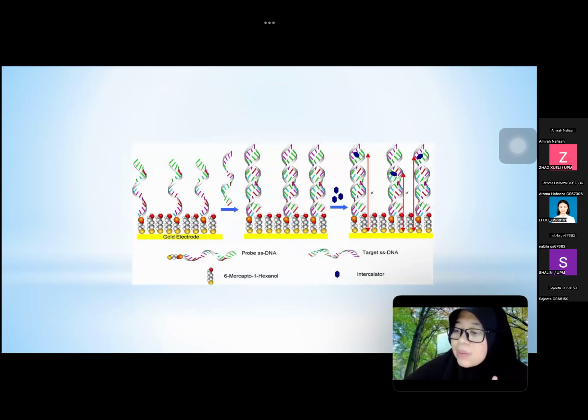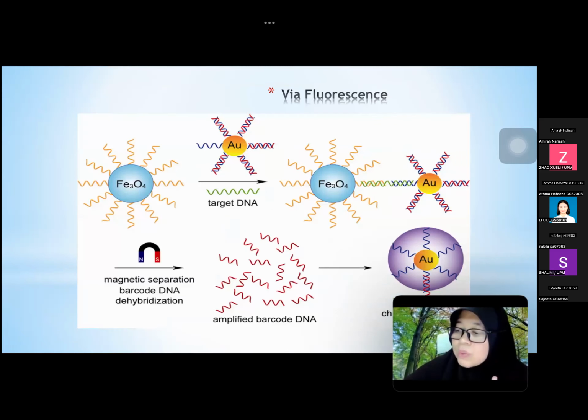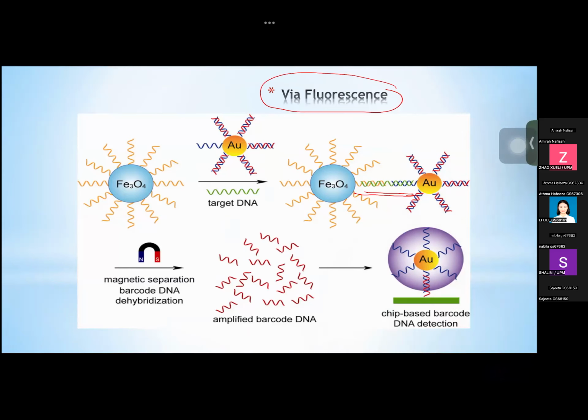So these are different types of transducer. Fluorescence: you can see that it is also based on hybridization, but the parameter that we measure is based on light, on the intensity of light, fluorescence.